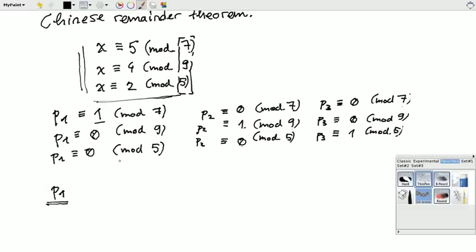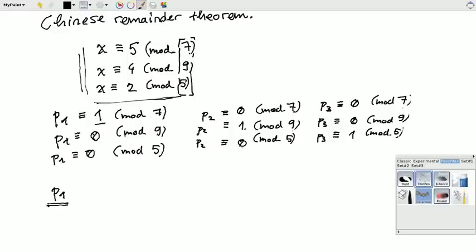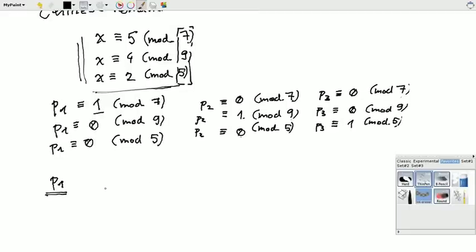Okay, so we know that P1 is congruent with 0 modulo 9 and is congruent with 0 modulo 5. That means that P1 is a multiple of 5 and a multiple of 9.